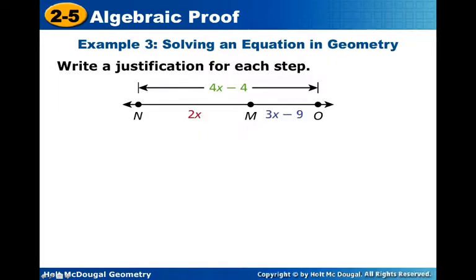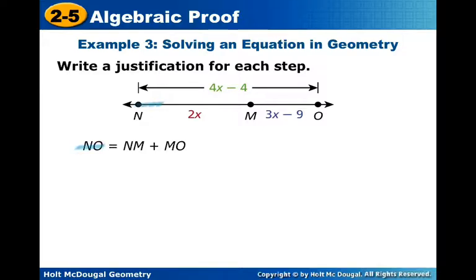Okay, here's another one. Okay, we have this diagram, and it says write a justification for each step. So the first thing I'm going to start you off with, I'm going to go ahead and tell you NO is equal to NM plus MO. Now what tells me that? Well, let's look at it.